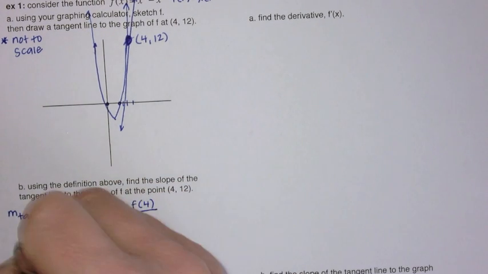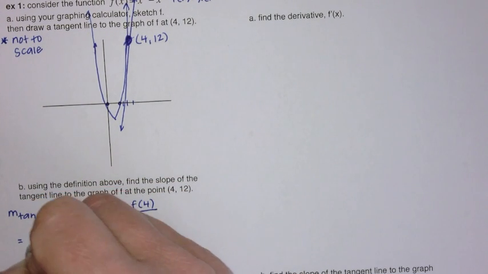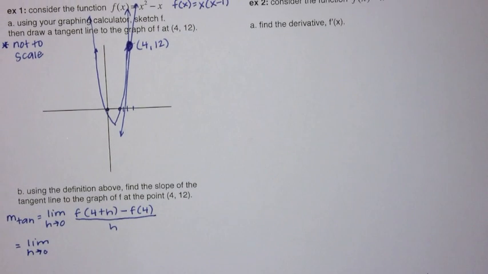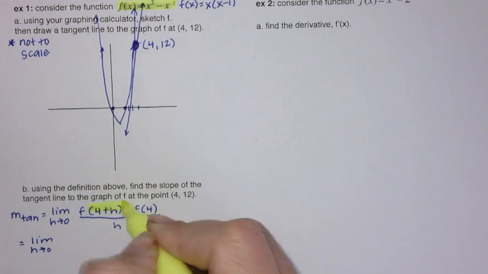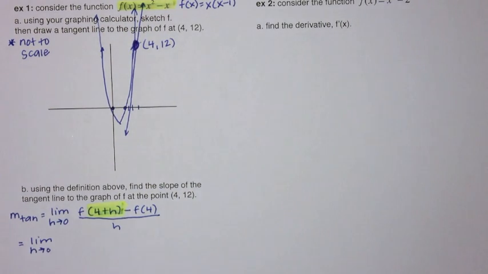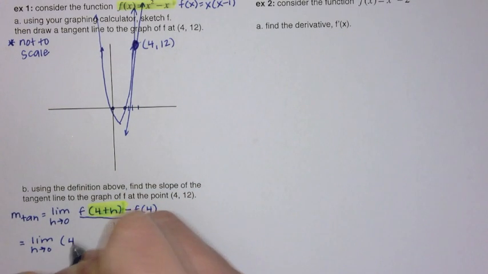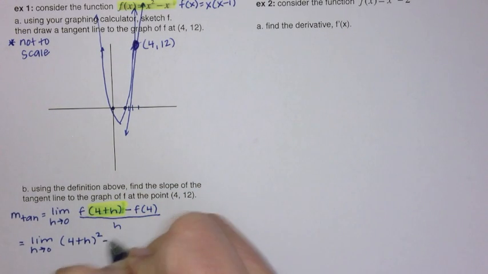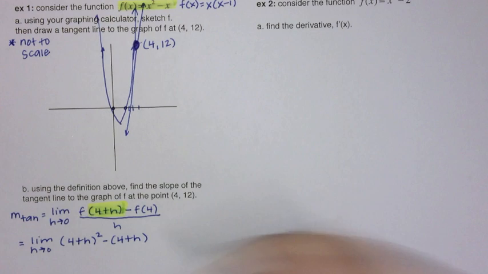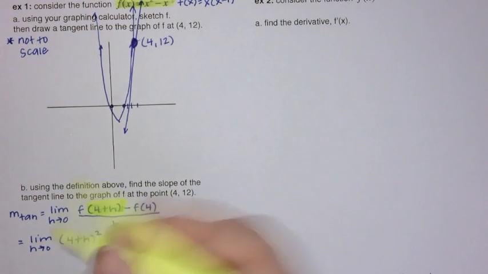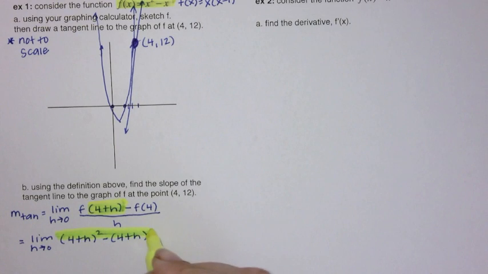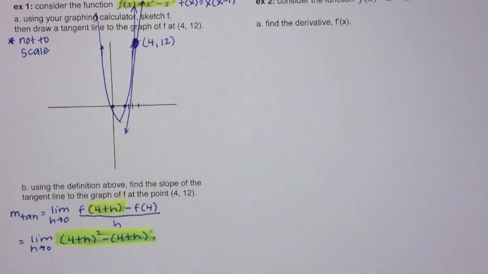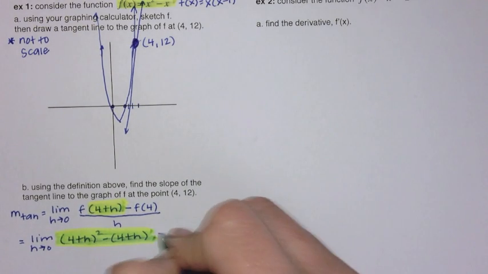Now what I need to do is plug in the f of 4 plus h into my function. So here's f of x equals x squared minus x, and I'm going to be plugging in 4 plus h to that. So it looks like this, (4 plus h) squared minus (4 plus h). And again, that's because there's two x's, and function notation says that you replace each x with whatever is in the parentheses. Minus f of 4.